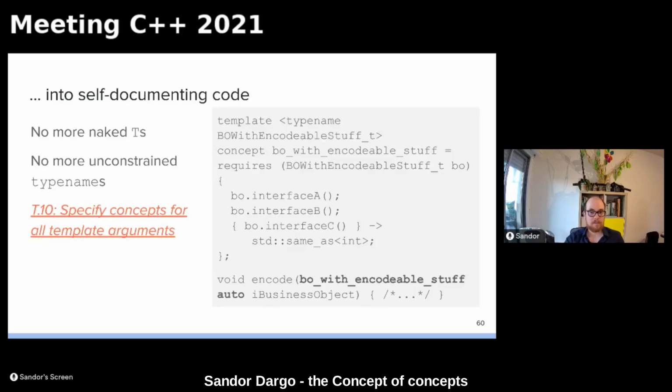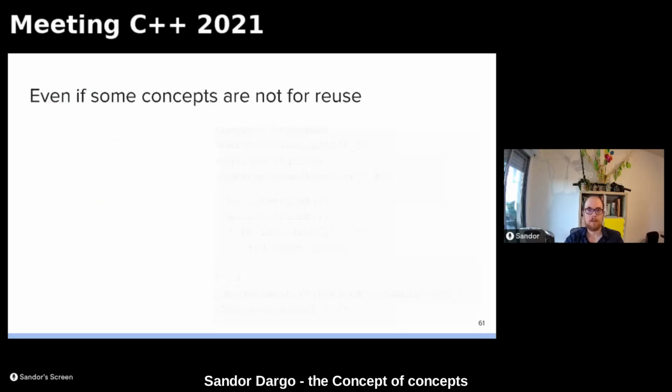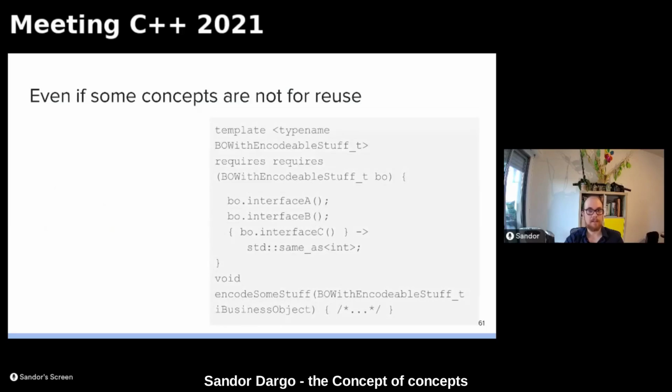And even if you don't want to name this concept because you will use it only once, you can use it in a requires clause, maybe in a nested requires clause. You can see that we have requires twice one after the other.